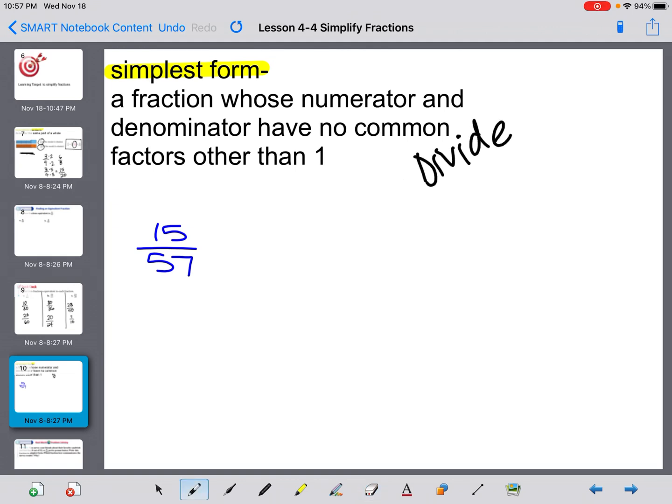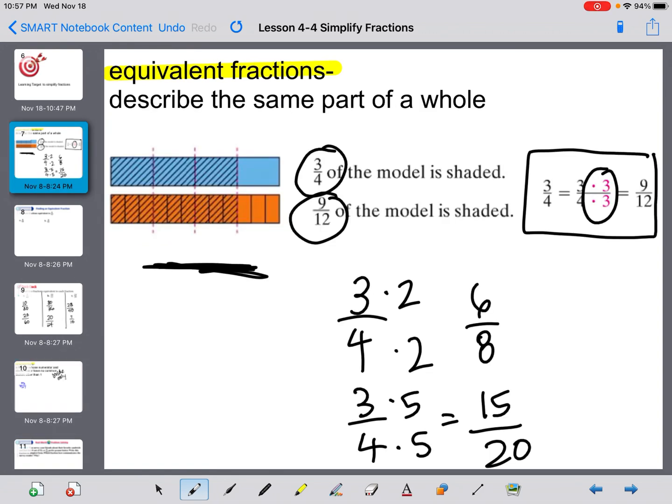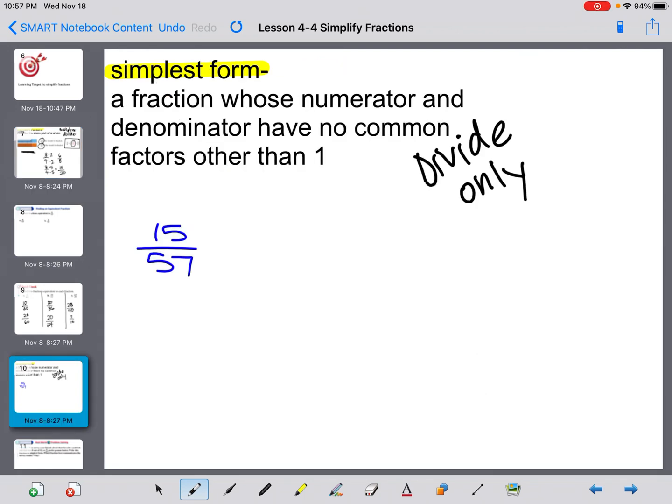So for simplest form, we're only going to divide. For equivalent fractions, we could multiply or divide. Still equivalent. By the way, base word of equivalent, equal. For simplest form, we're only going to divide.